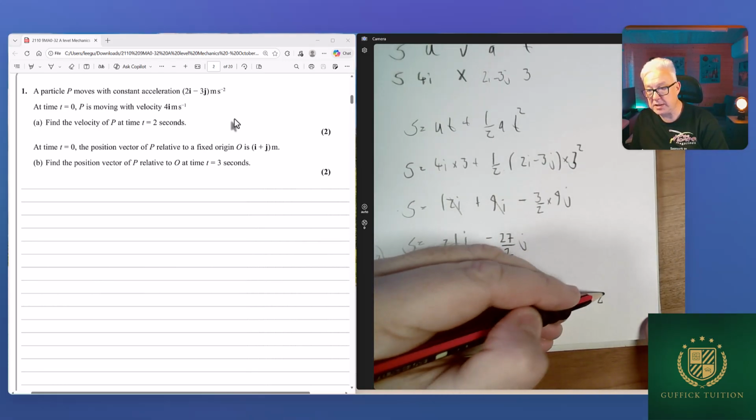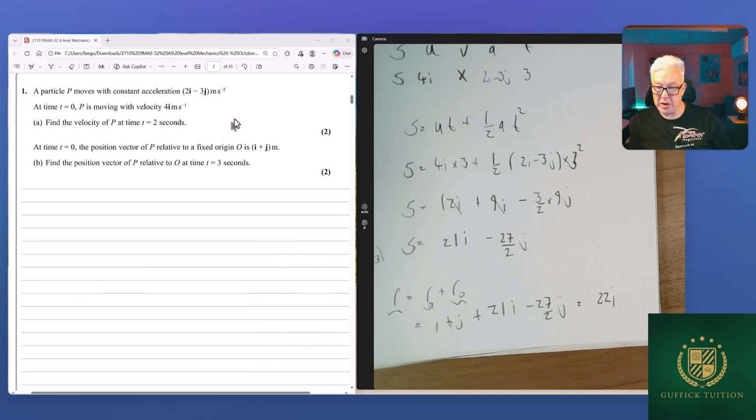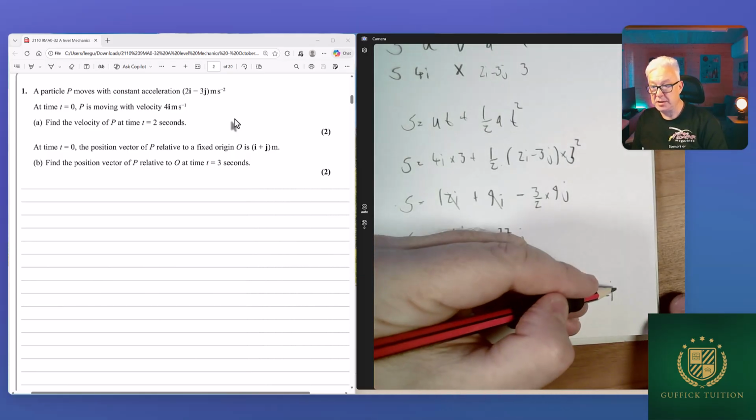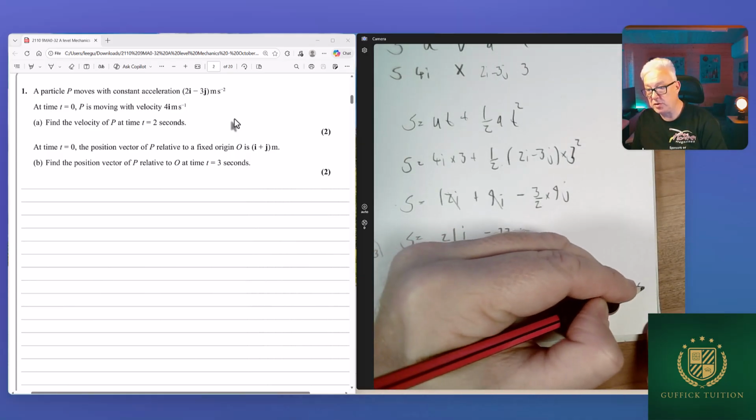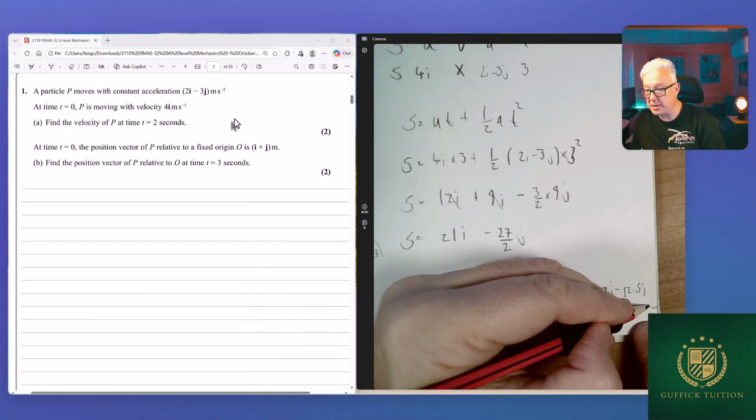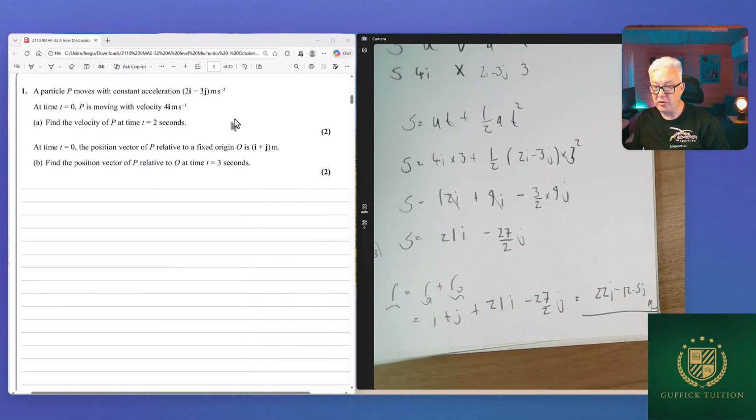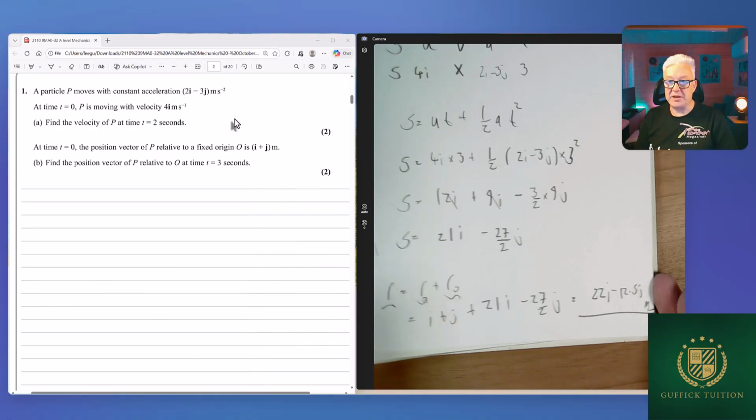So that's going to give us 22i, and then we're going to have minus 27 over 2 plus 1, which gives us minus 12.5j, and meters. So that's our answer there for where it ends up. That's its position vector relative to the origin at time 3 seconds: 22i minus 12.5j. Perfect.